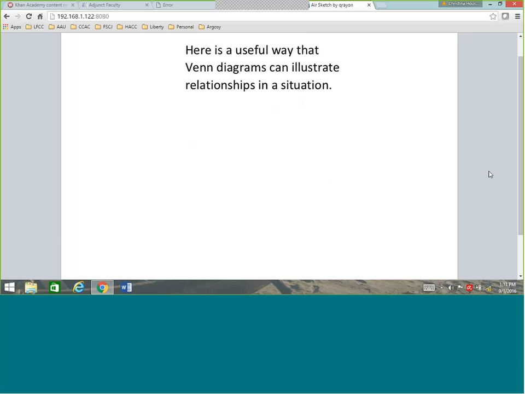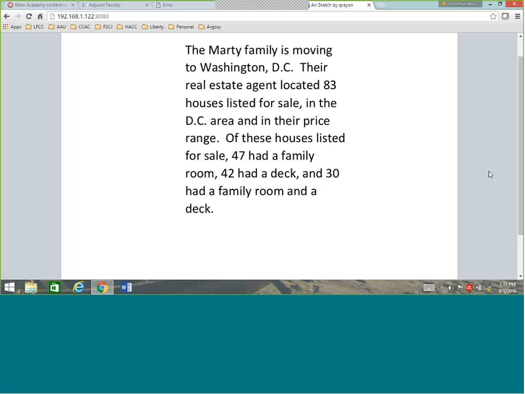Here's a useful way that Venn diagrams can illustrate relationships in a situation. We're going to look at a particular situation. The Marty family is moving to Washington, D.C. Their real estate agent located 83 houses listed for sale in the D.C. area and in their price range.